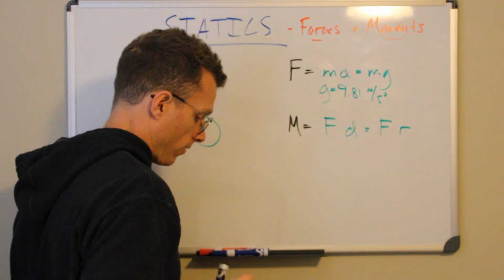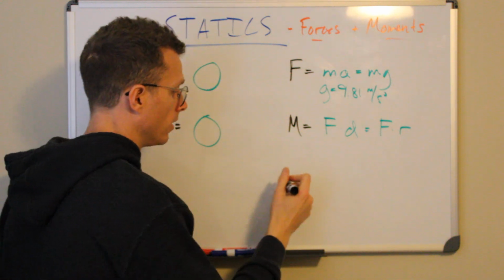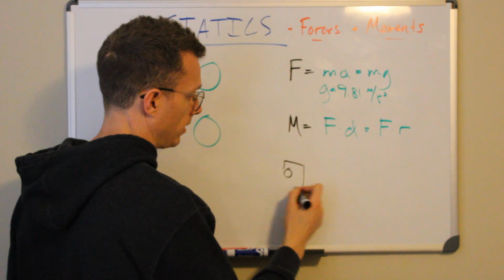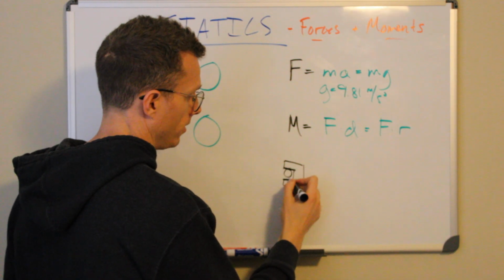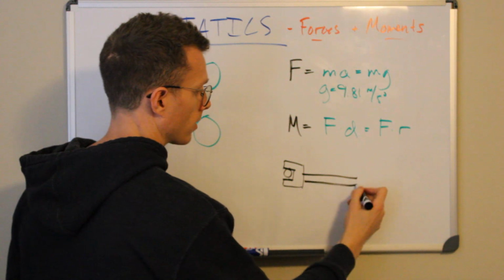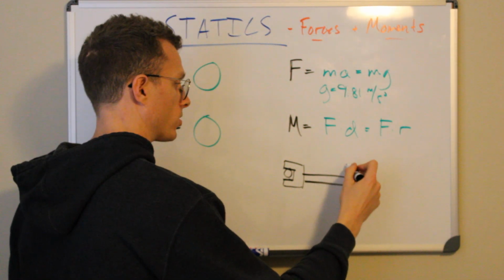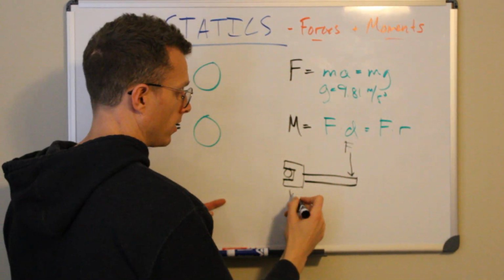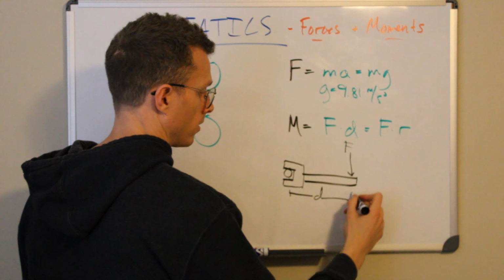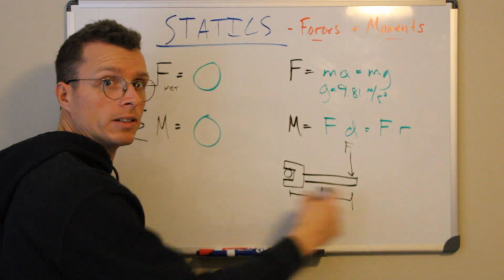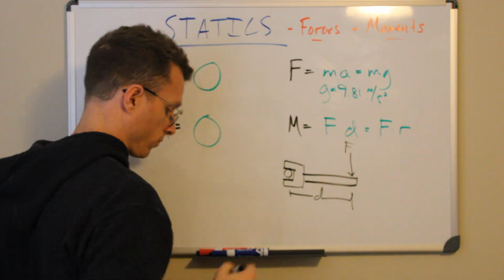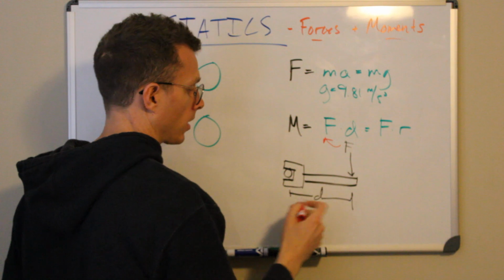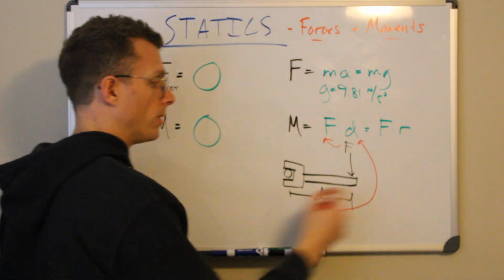So let me just do an example here with a bolt. I've got a bolt here, and I've got some kind of a wrench around it. I apply a force here, F. This is my moment arm right here. This is my force for the moment, and this is my moment arm, right?